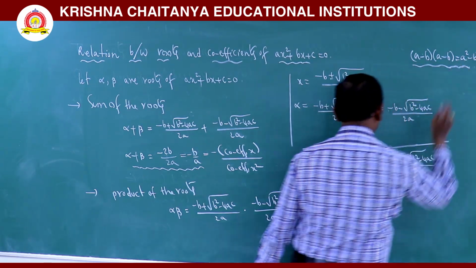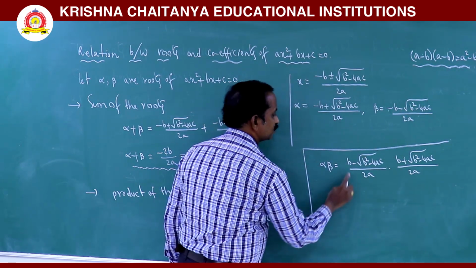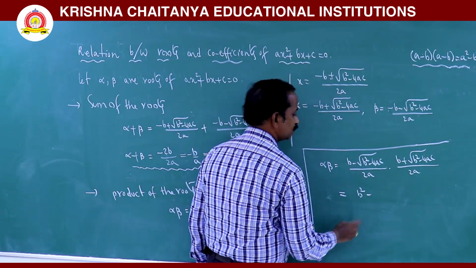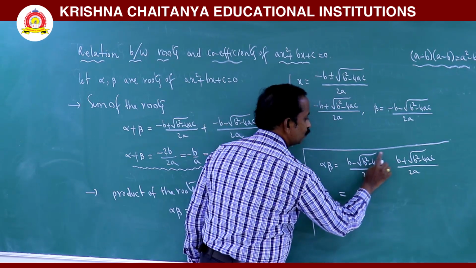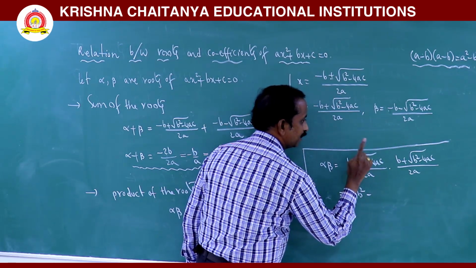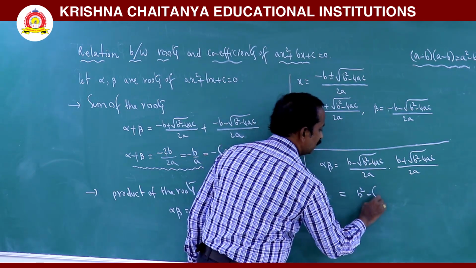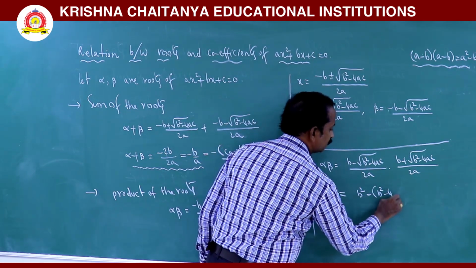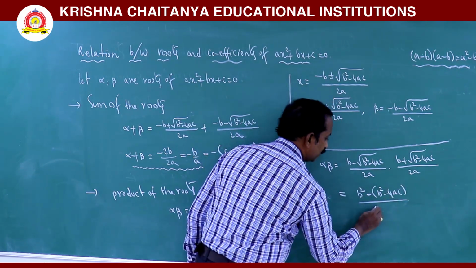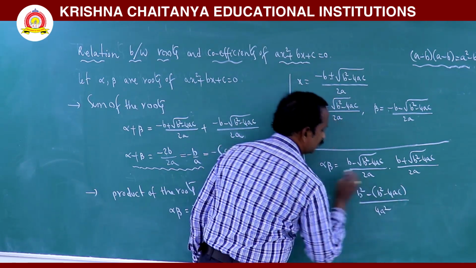Using this, we can write a square means b square, minus b square means root over b square minus 4ac whole square. The square and root get cancelled, and the remaining term is b square minus 4ac, divided by 2a into 2a, 4a square.